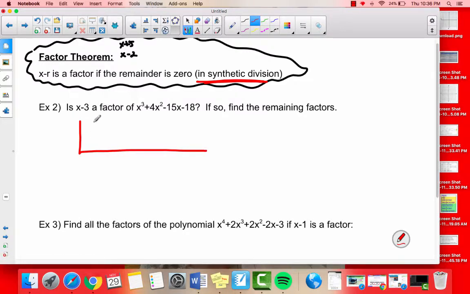I have my coefficients on the top, 1, 4, negative 15, and then negative 18. And then remember, when you're dealing with an equation here, you have to set that equal to 0. I want to write x minus 3 equals 0, and if I solve, I get x equals positive 3. And I'm going to put that positive 3 out on the front.